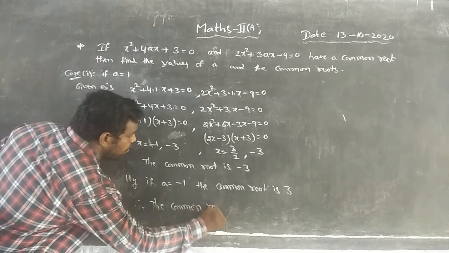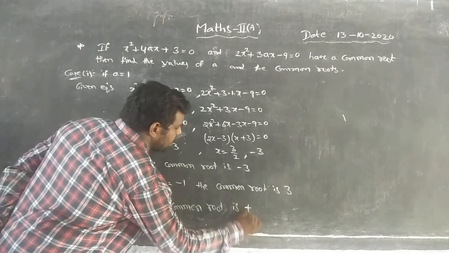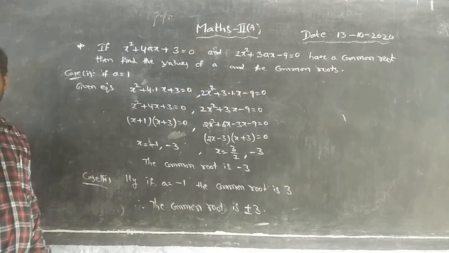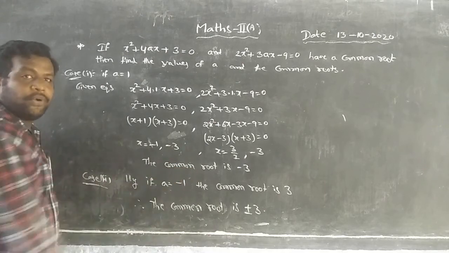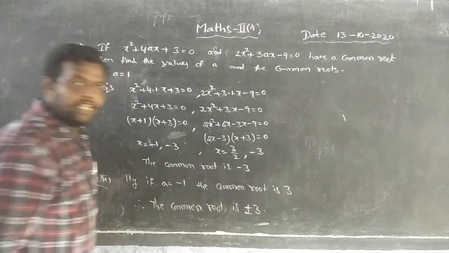Totally, the common roots are plus or minus 3. In case 1, what is the common root? Minus 3. Similarly, if a equals minus 1, the common root is plus 3.